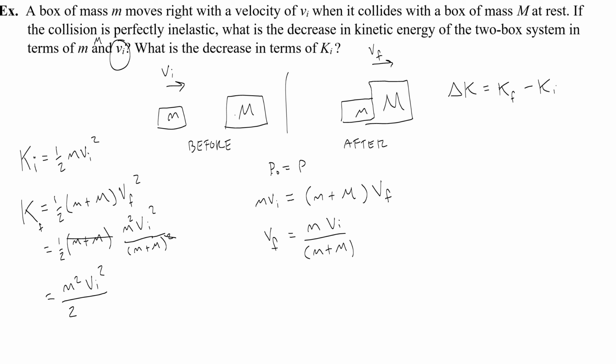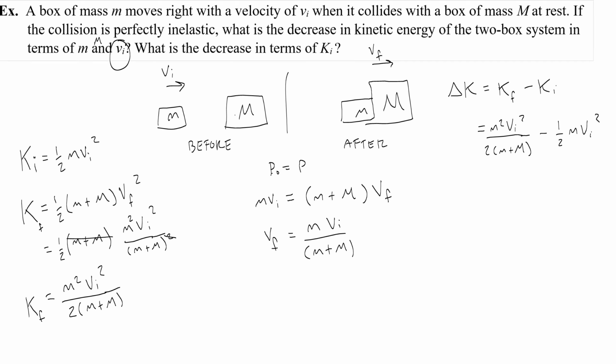I'm going to put the half down here at the bottom of the 2, times m plus capital M. I know, it is just infuriating. Okay, well now to get an equation for the change of kinetic energy, I would take that new equation that I have for Kf, and I would write m squared Vi squared over 2 times lowercase m plus capital M, and then subtract 1/2 lowercase m Vi squared.